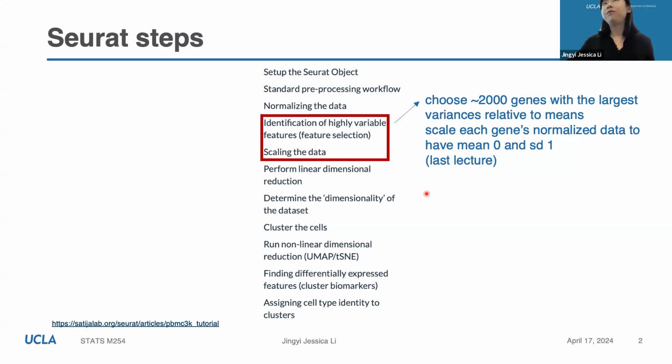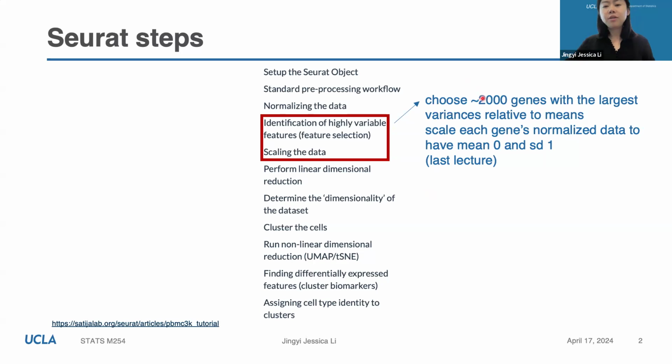So if you recall, in the default VST method in Seurat, we fitted a log variance versus log mean curve, right? And the variance and mean are about the count data, not the normalized data. That's the default. And that was another question we had last time. Then we use that curve to decide which genes' log variances are much bigger than the expected log variance given by the mean.